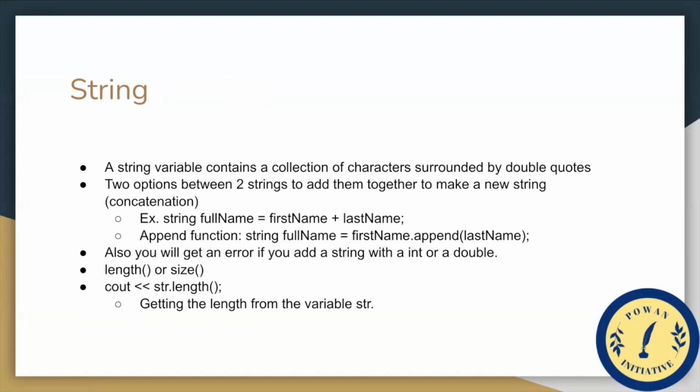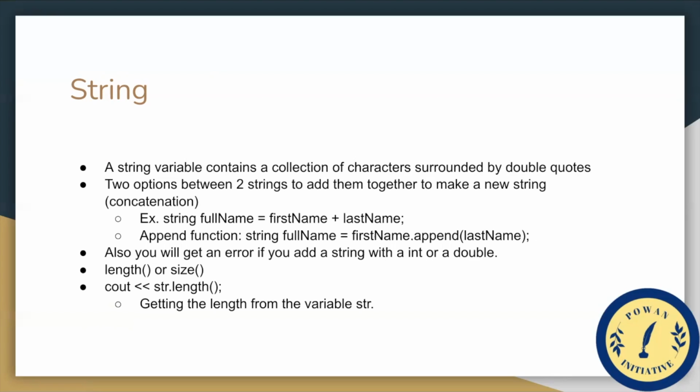So right here we have string full name equals first name plus last name. So this is an example of concatenation, which was what we just talked about. And another way to glue these two strings together is using the append function. So again, this is another function where you put the first string and you put the second string there, and both of them will just be glued together, similar to what we just saw in the last slide.